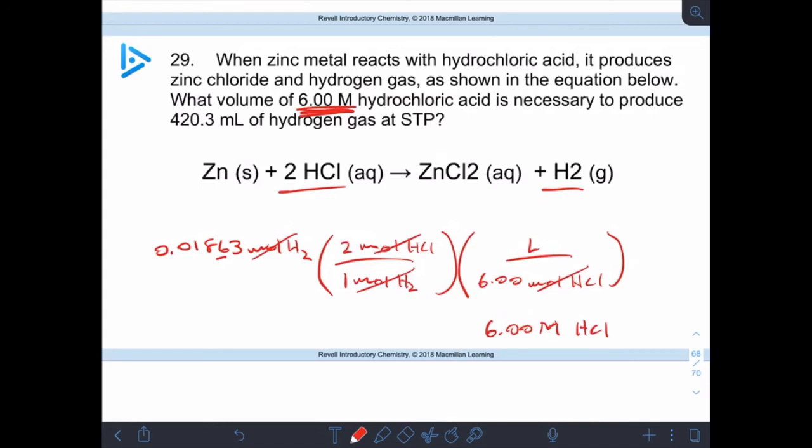So let me double check our answer, divided by 6. Right. So we should end up with 0.00621, which is slightly different than what the slides say, but pretty darn close. Close enough for comfort.